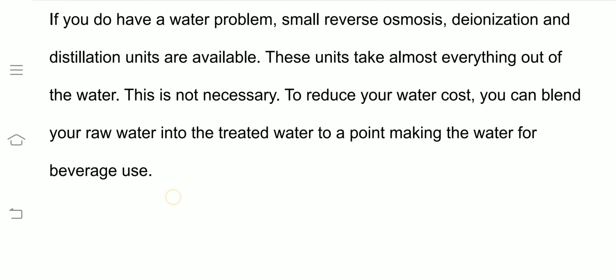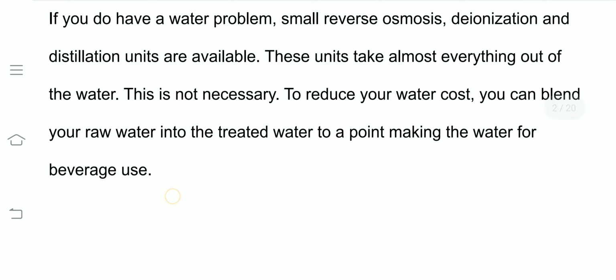Cations like sodium, calcium, iron and copper, and anions like chloride and sulfate. So both types of ions or minerals are removed through the deionization process.